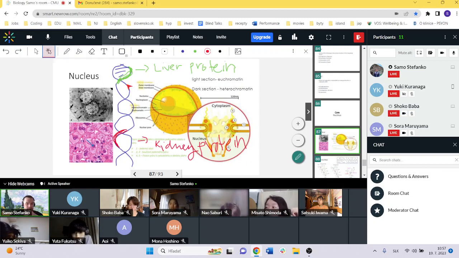These green genes or this green sequence of DNA would be active in the liver and will produce proteins. So it will be euchromatin or it will be light under the microscope. But this section would be heterochromatin or dark in the liver.